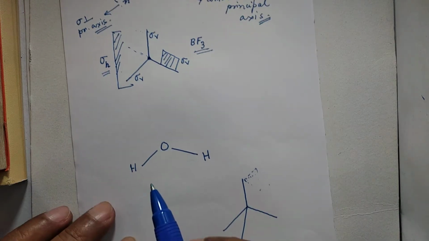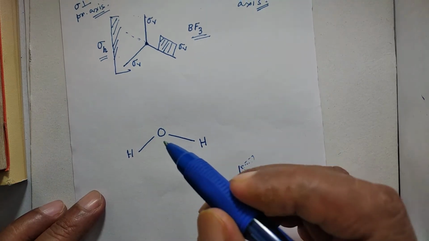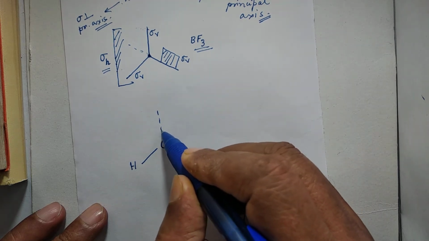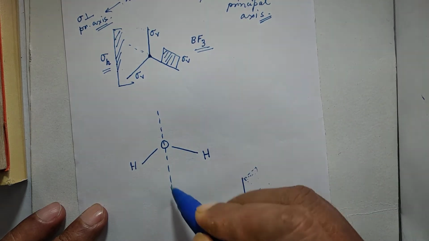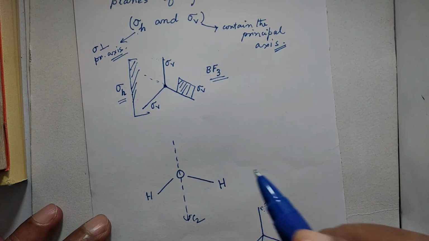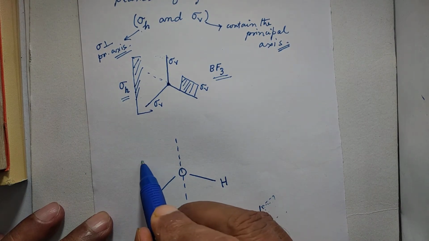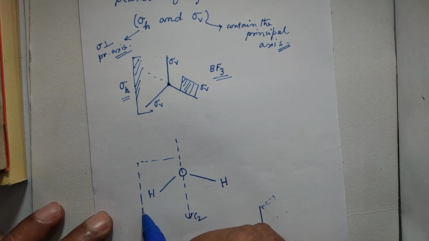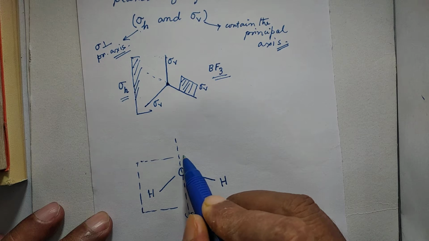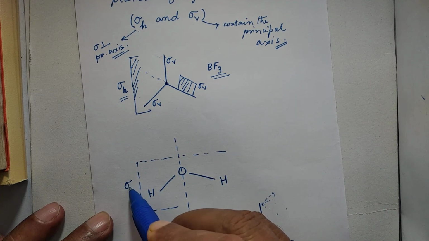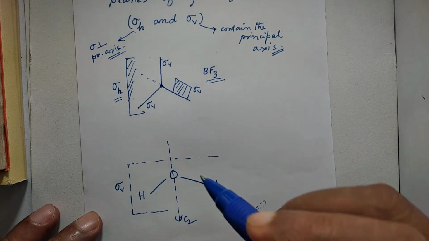In case of water molecule, there is only one C2 axis. This is the principal axis of the molecule, and the molecular plane is a plane of symmetry. This plane contains the C2 axis, therefore this molecular plane is a sigma V plane.